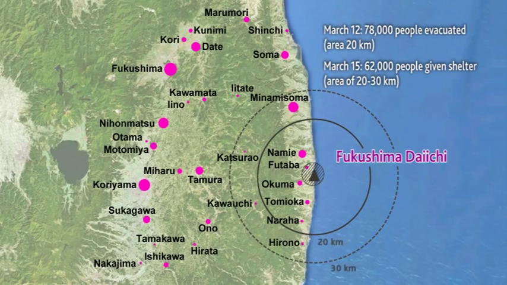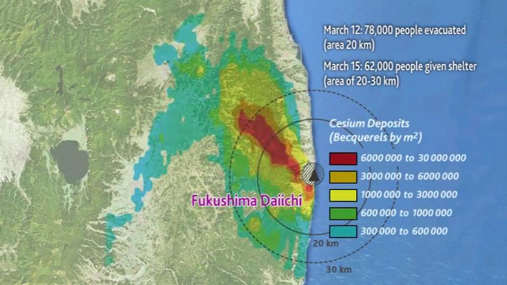A few weeks later, the U.S. Department of Energy published a map of cesium deposition determined from measurements made from passing aircraft. The map highlighted an area of contamination that is 20 kilometers wide and 70 kilometers long, northwest of Fukushima Daiichi.